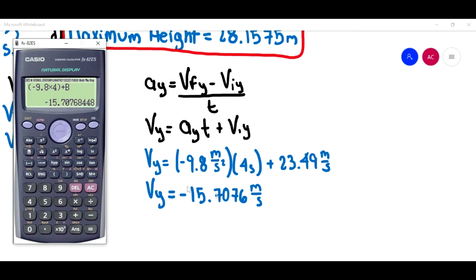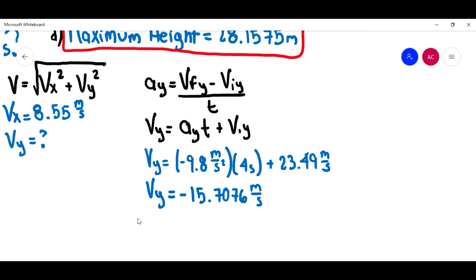And this is going to be saved in my memory M, because I don't have more letters in my calculator.